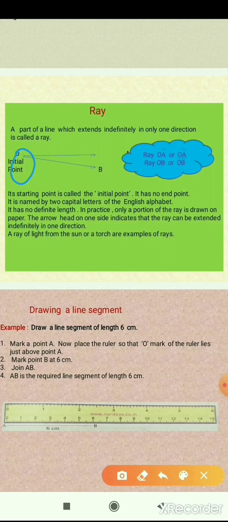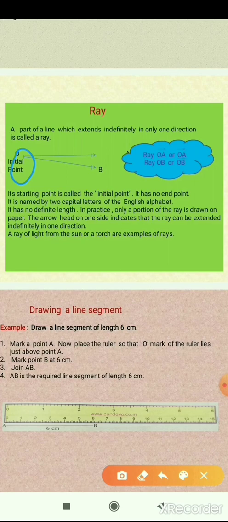In practice, only a portion of a ray is drawn on paper, just as we can draw only a portion of a line, in the same way a ray is also only a small portion we can draw.